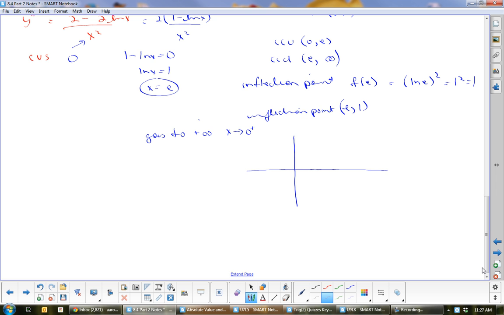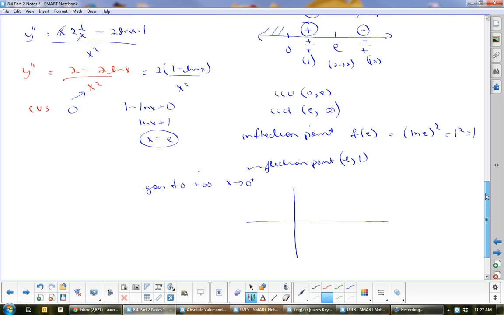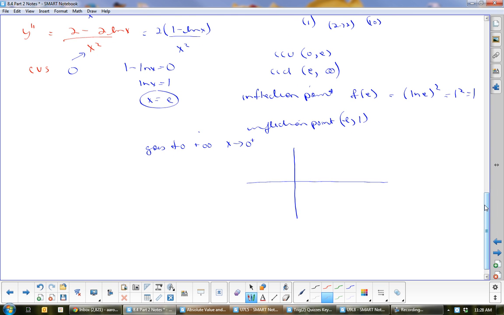And then at 1, it's going from decrease to increase. 1, 0 is where I'm changing from going down to up. Okay, I also have an inflection point at e, comma 1. So it'll be about there.